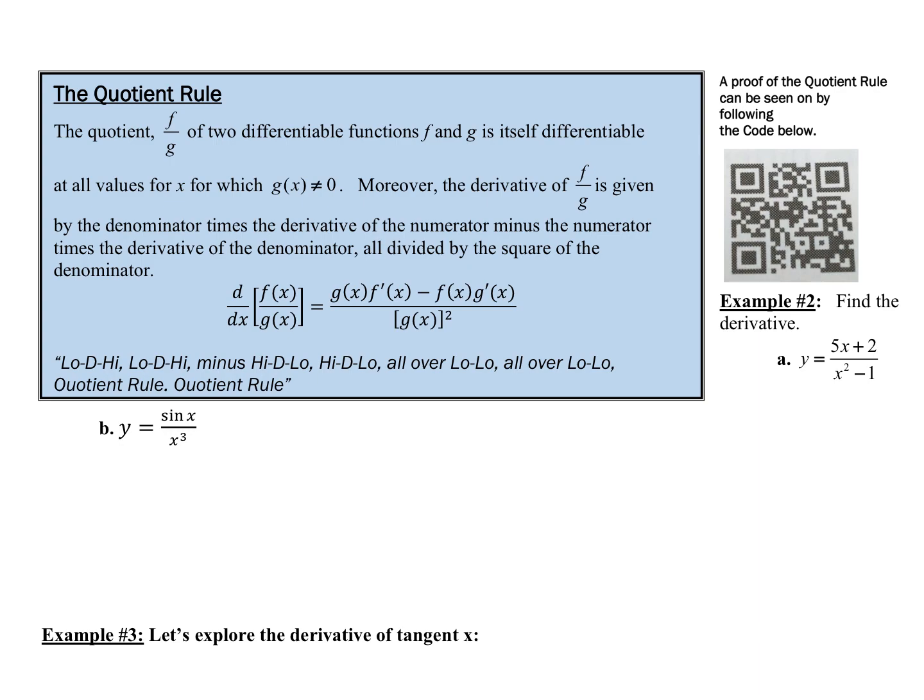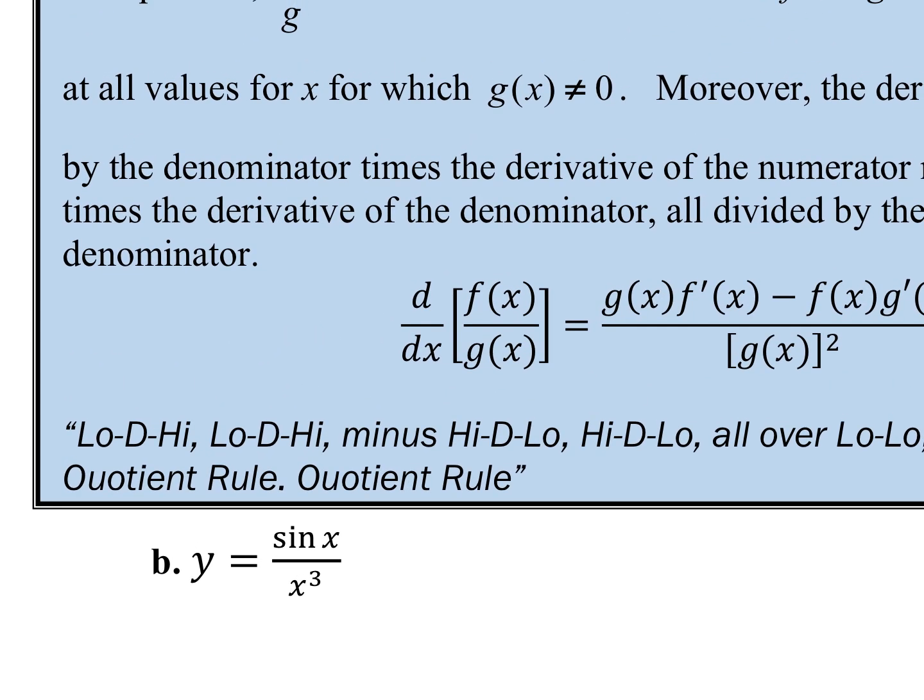Let's go ahead and zoom in here and write some stuff down, okay? I'm going to color code some things again. I'm going to have my numerator here be red and my denominator be blue, okay? Now, when it says low, it means the denominator.